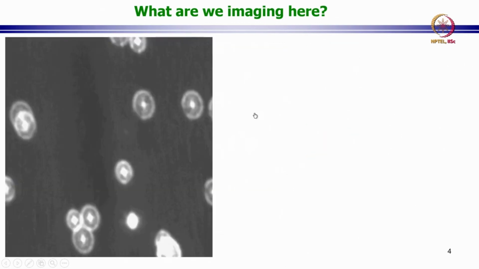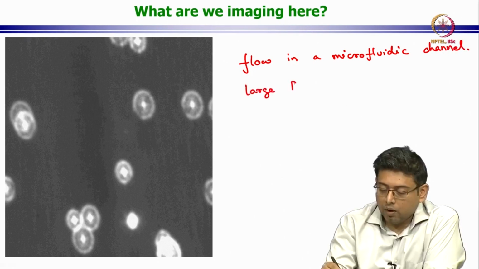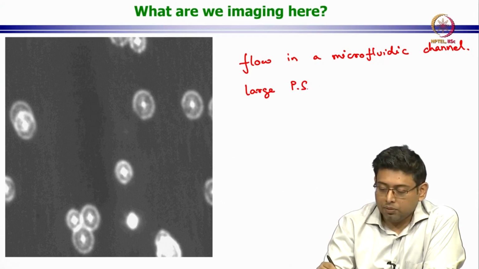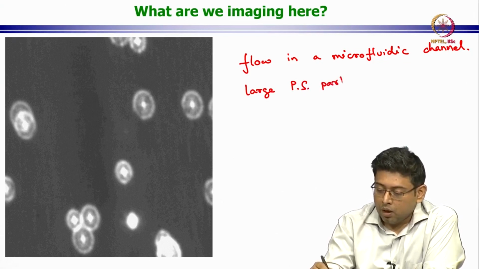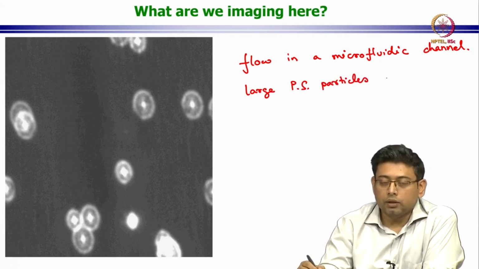Okay. So now I am going to show you a slightly different type of imaging. This is done in an optical microscope. This is flow in a microfluidic channel. The microfluidic device is not visible. These are large polystyrene particles, for which I will just write PS, PS meaning polystyrene particles, which are neutrally buoyant in water.